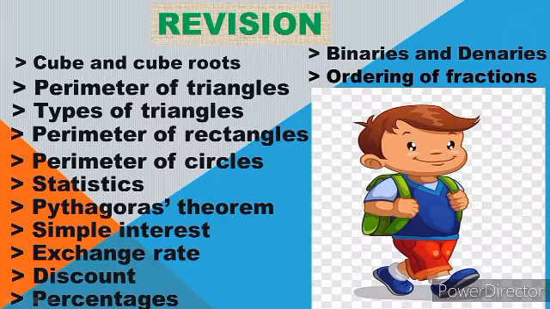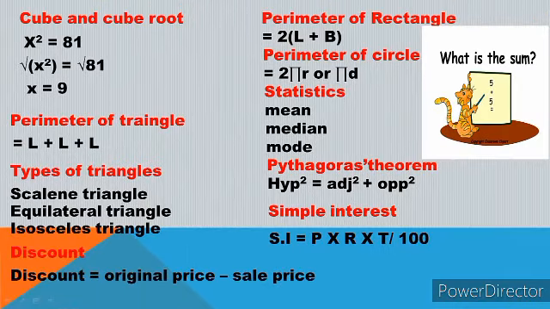We were able to convert binaries to denaries, and in our other class we converted denaries to binaries, and we were able to add and subtract binaries. The last topic was ordering of fractions.